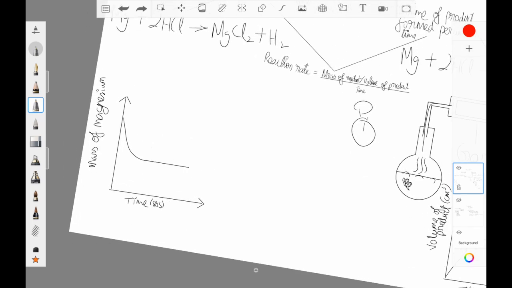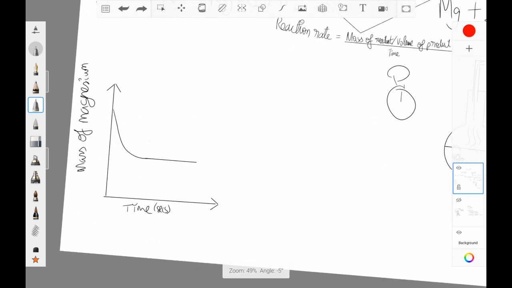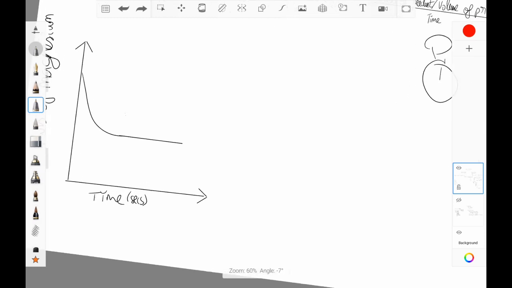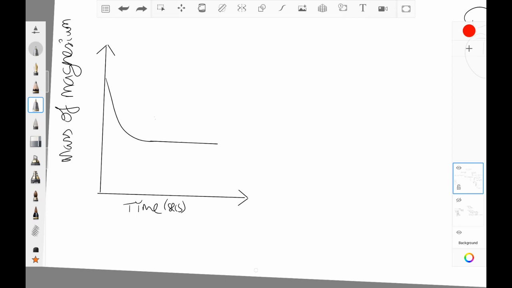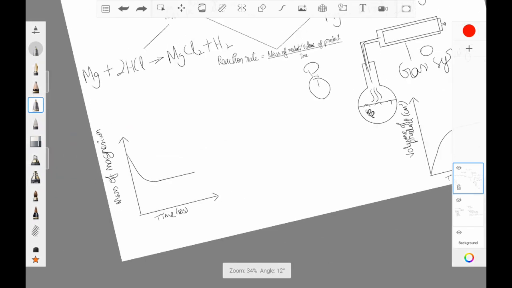Whereas here it doesn't begin at the origin, which is self-explanatory, but it doesn't even end at the origin. That's because you can't. Even though the magnesium is reducing, at a point the reaction ends and you just have excess magnesium left, which is why it remains constant after the reaction ends.